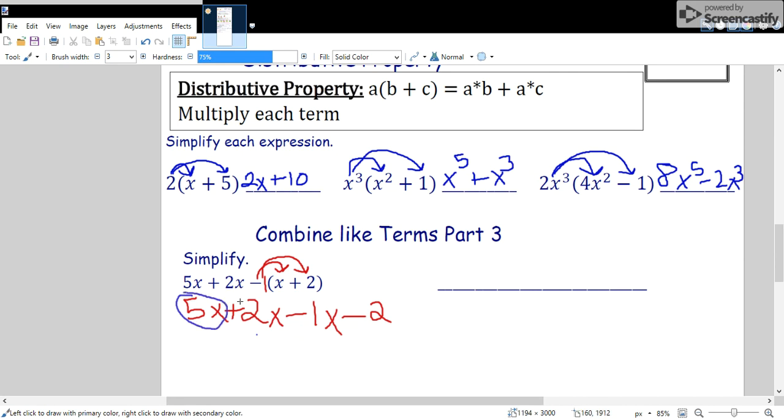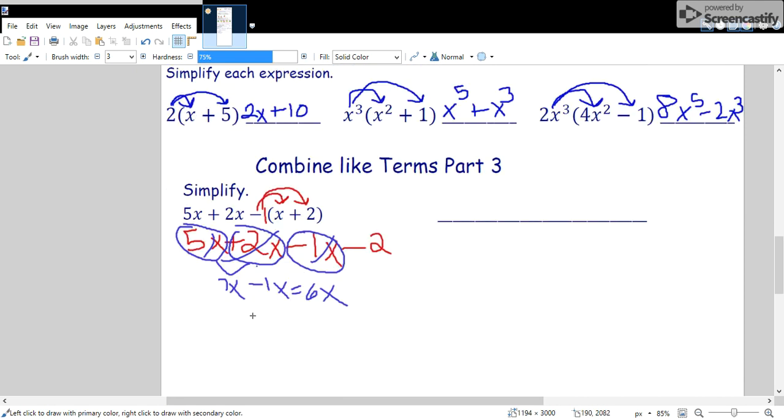We have 5x plus 2x and minus 1x. 5x plus 2x is 7x. And then we have minus 1x. That equals 6x. So if we carry all that down, we have 6x minus 2.